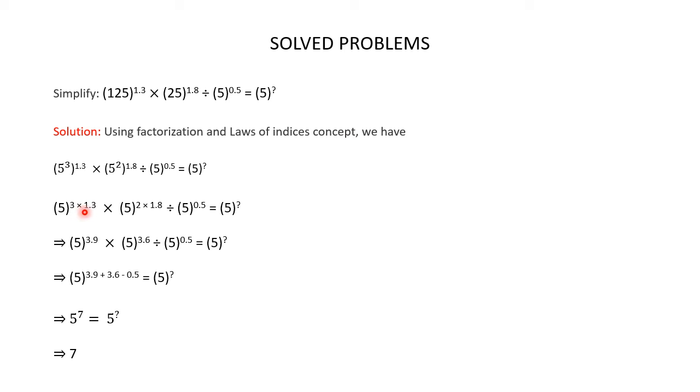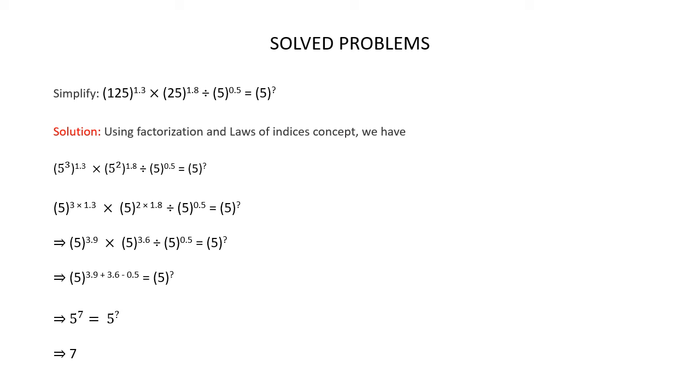Now 3 multiplied by 1.3 is 3.9. 2 multiplied by 1.8 is 3.6. So now you have the equation as 5 raised to the power 3.9 multiplied by 5 raised to the power 3.6 divided by 5 raised to the power 0.5 is equal to 5 raised to the power question mark.